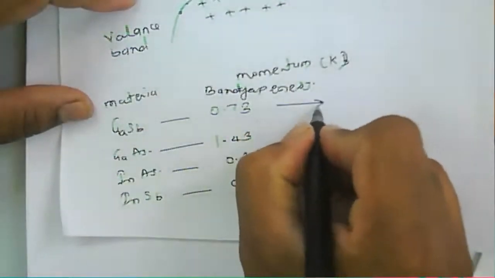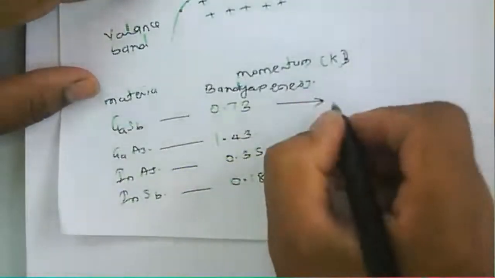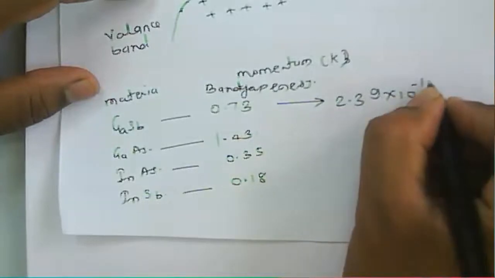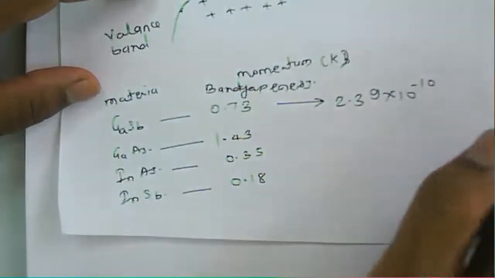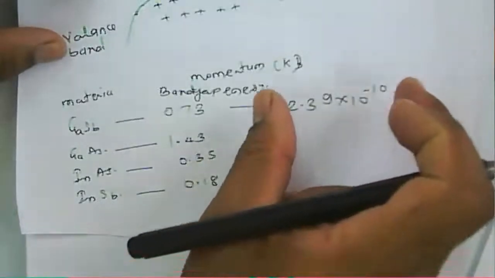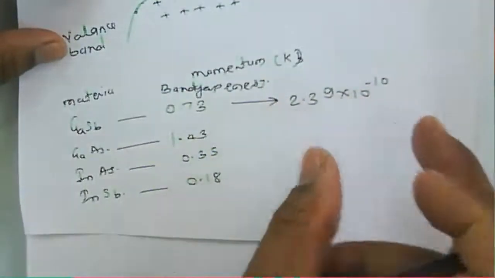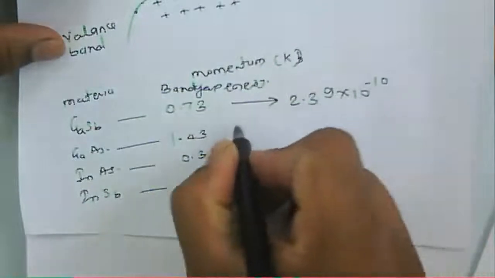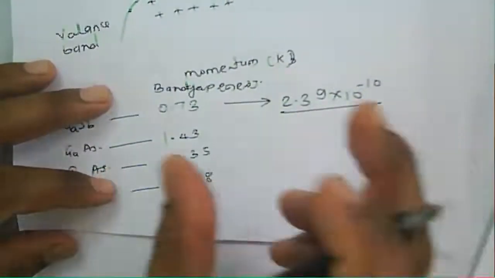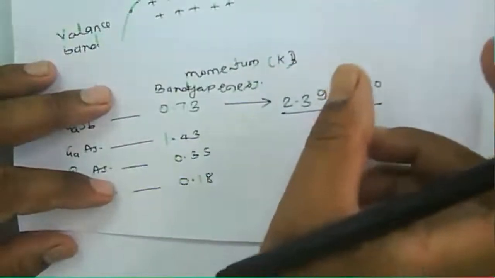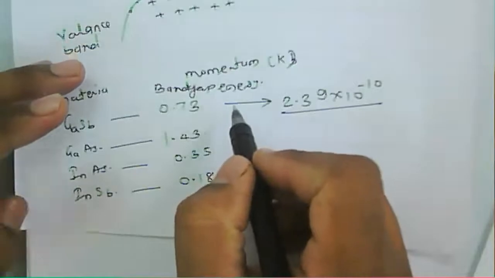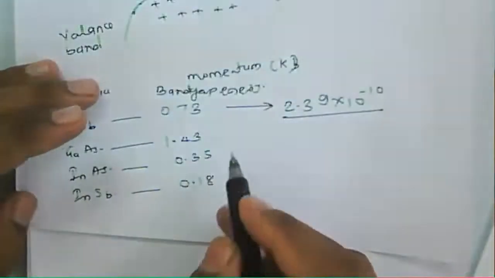For each and every material there is some recombination rate, 2.39 times 10 to the power minus 10, and that recombination coefficient depends on the size of this particular material, and on the region in which the recombination of electrons and holes takes place.